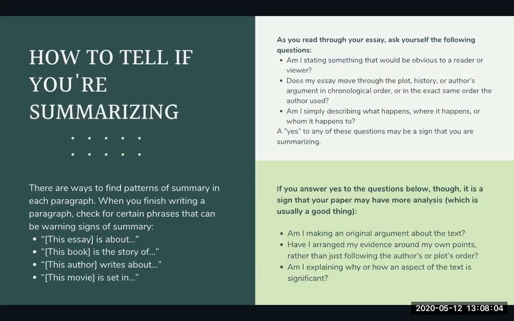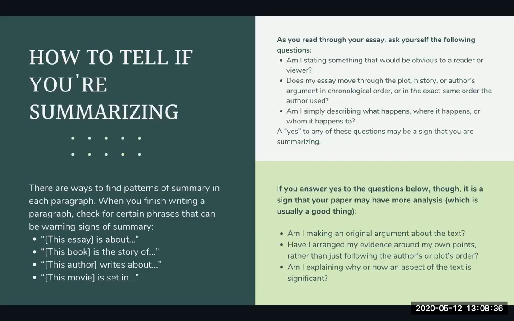Does my essay move through the plot, history, or author's argument in chronological order or in the exact same order the author used? So again, when you're constructing your own academic paper, your flow, your order of paragraphs should be a little different than what is presented in the article, because you're constructing your own thoughts on the author's opinion, on the author's argument.